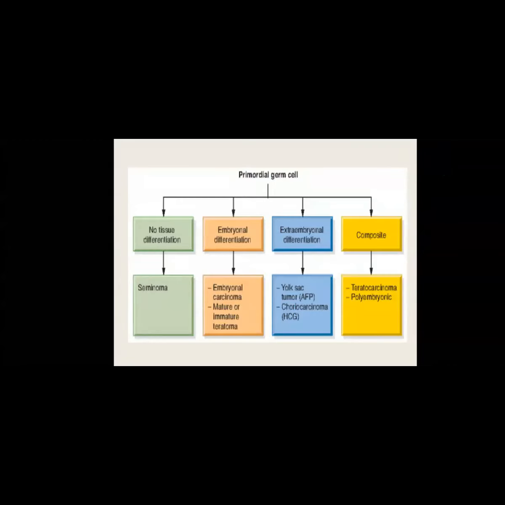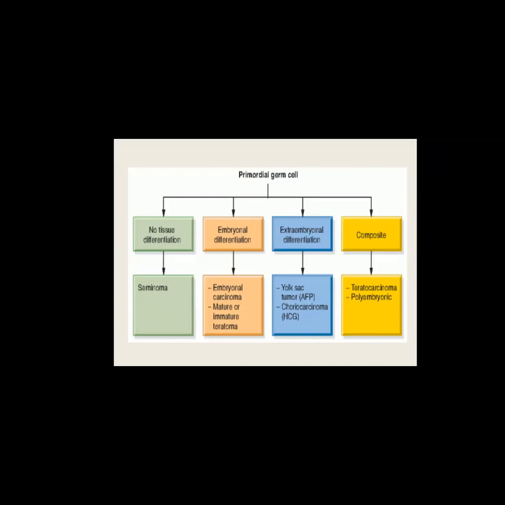Okay, now the primary germ cell, I've already told you, no? So this primary germ cell, if it does not undergo any tissue differentiation, it can either become a seminoma or spermatocytic seminoma.